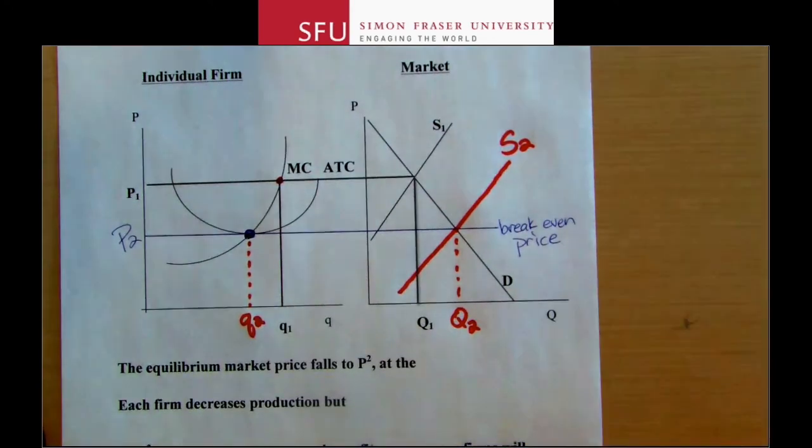And then there's no profit or loss to color in because they're breaking even. Good. Okay, any questions? All right, so P2 is the break-even price.